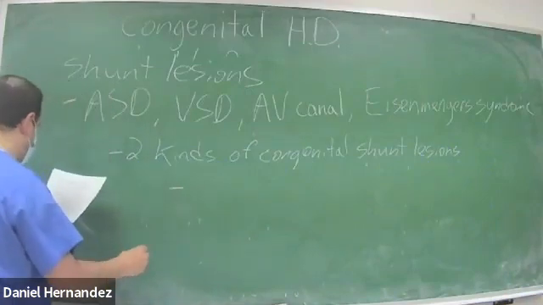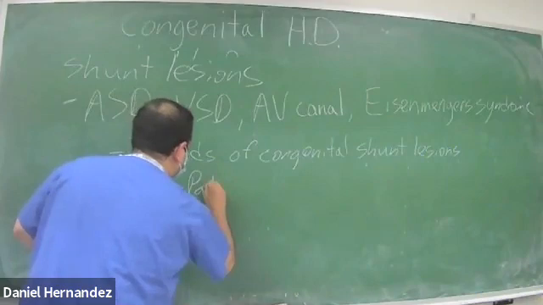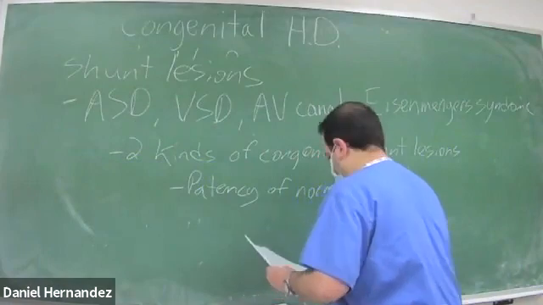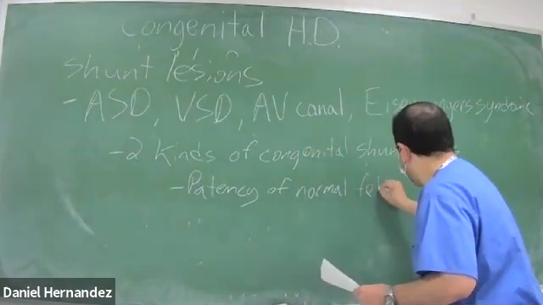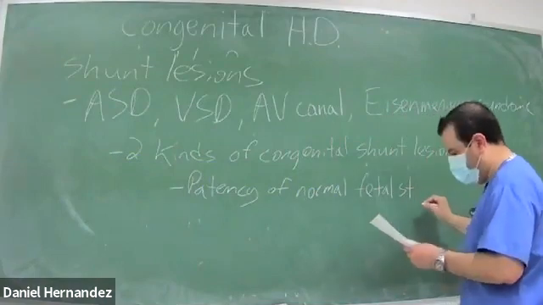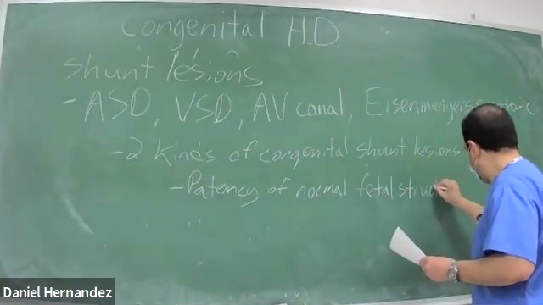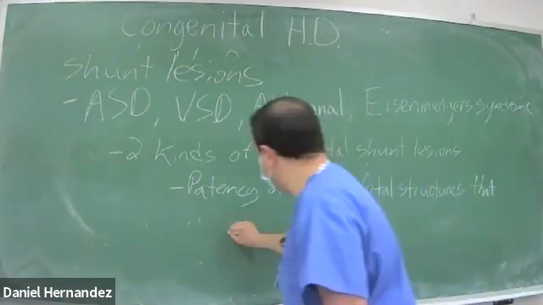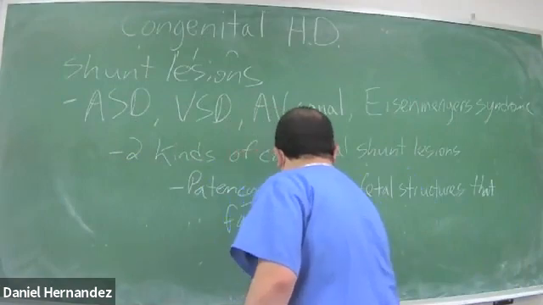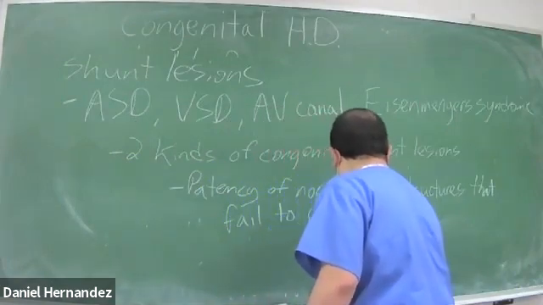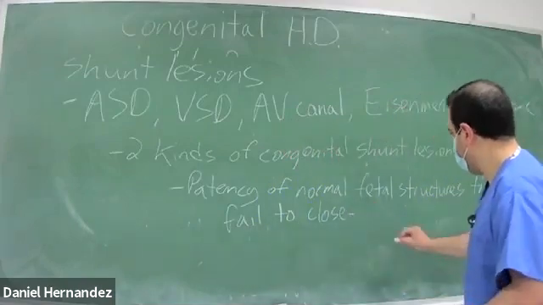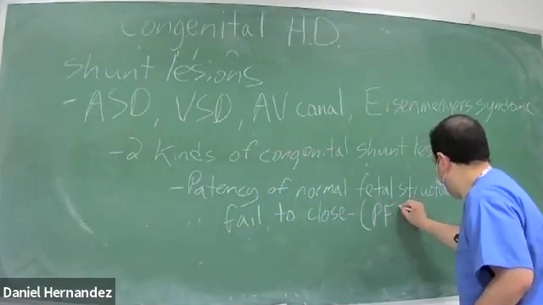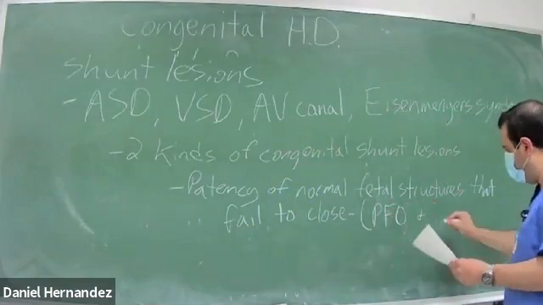The first kind is going to be patency of normal fetal structures that failed to close. That could be your PFO and your PDA.